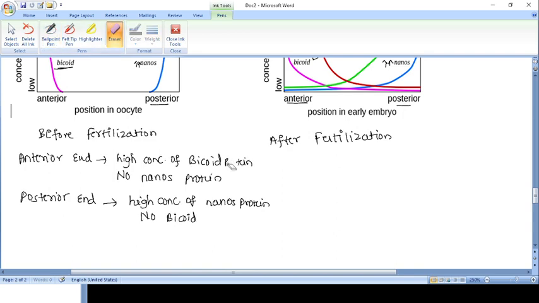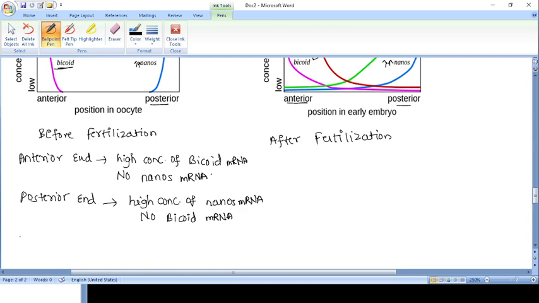Before fertilization, there will be the presence of mRNA, not the protein. Bicoid mRNA in the anterior, nanos mRNA in the posterior, and here no bicoid mRNA. Is it clear? This is before fertilization.